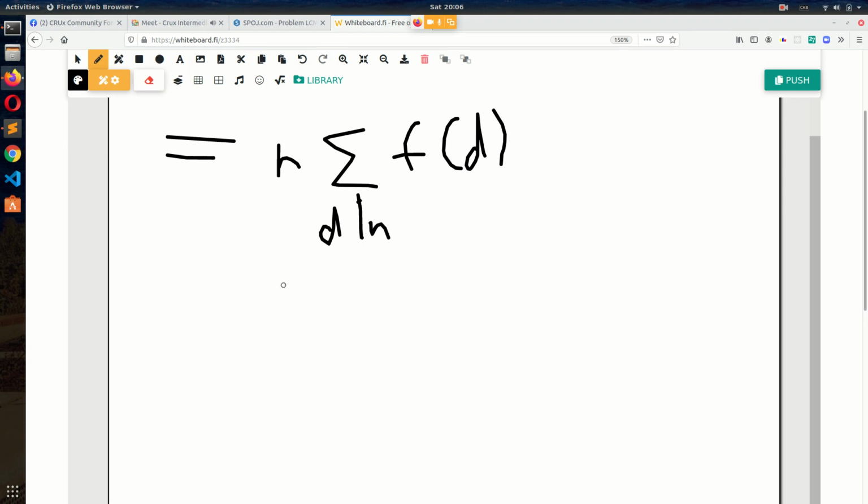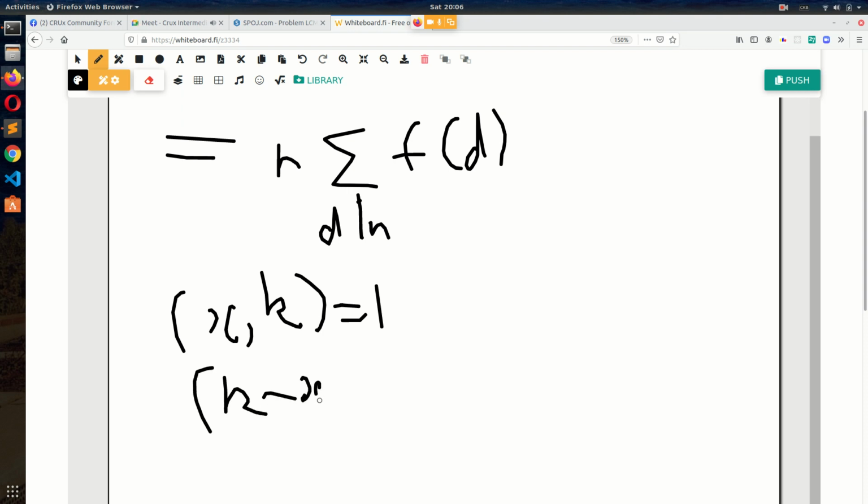Okay, now here comes the, I would say, magic part. So let's see this. If there are two numbers x and k and the GCD of these two values is equal to 1, then k minus x and x would also always have a GCD equal to 1. Does everyone see why?